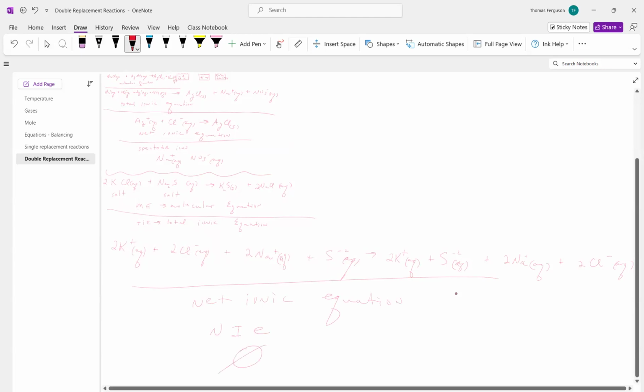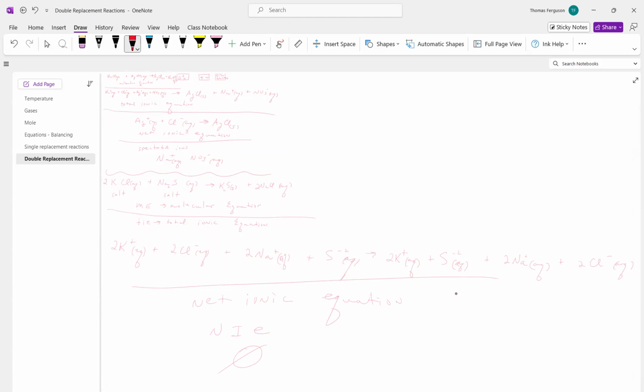So no solid formed, no precipitate formed, no liquid or gas formed. So we have no net ionic equation. What are the spectator ions?